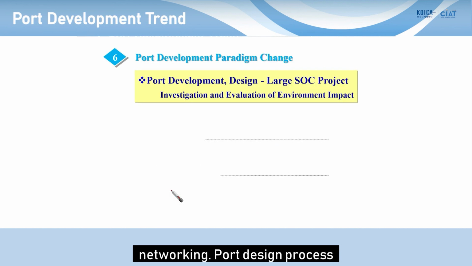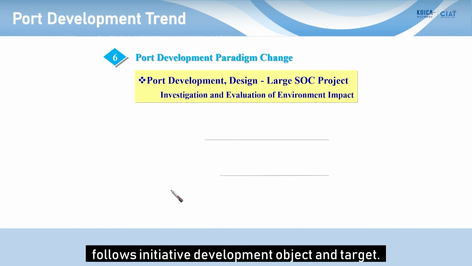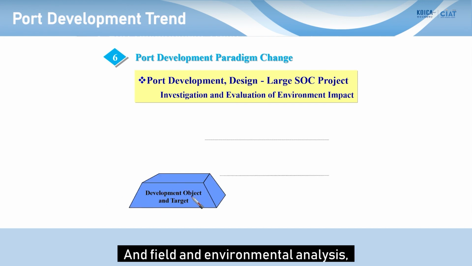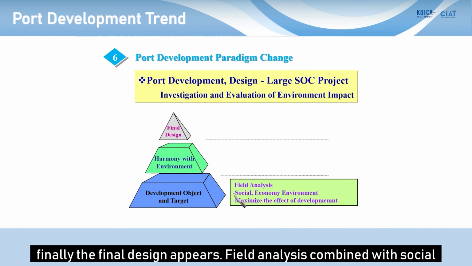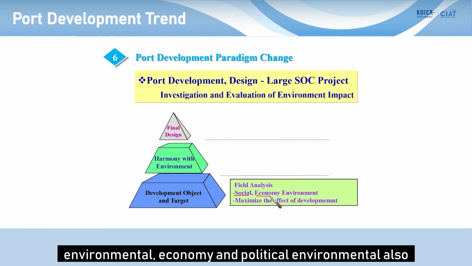The port design process follows: initiate the development objective and target, then field and environment analysis, and finally the optimum design appears. Field analysis is combined with the social, environmental, economic, and political environment also.